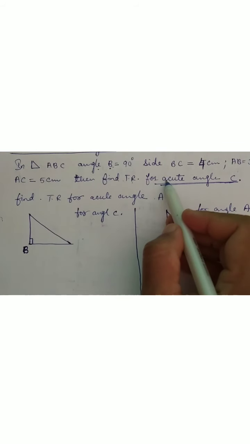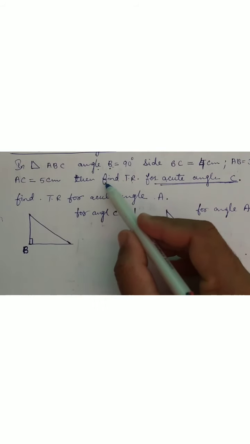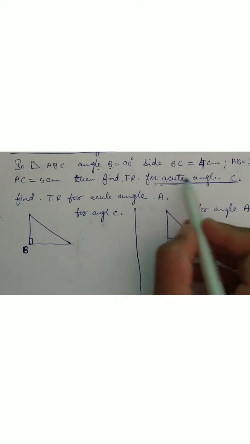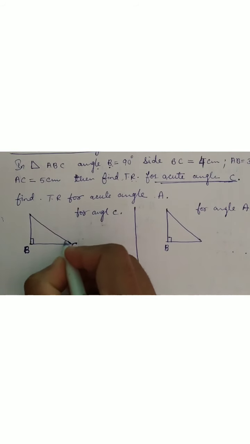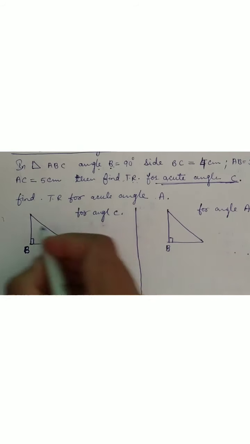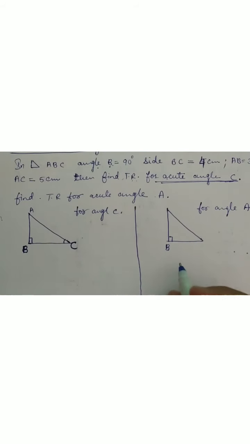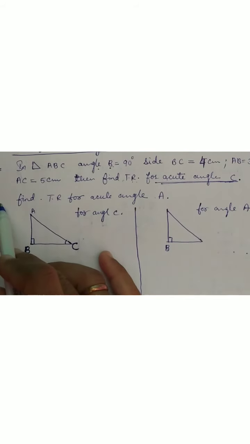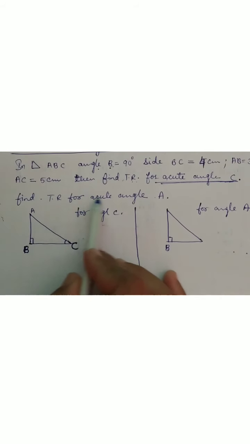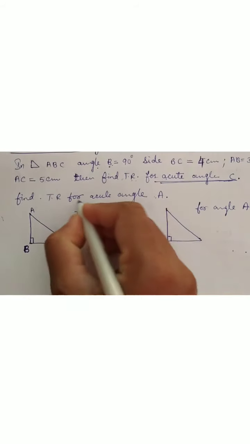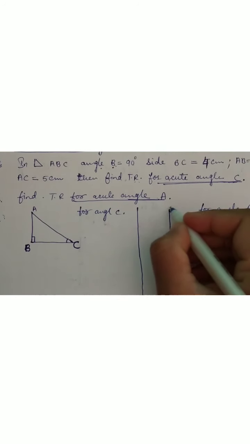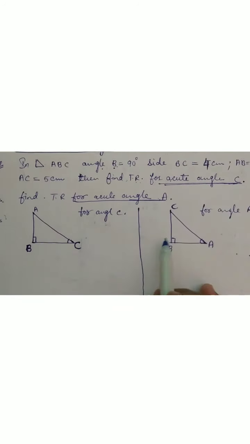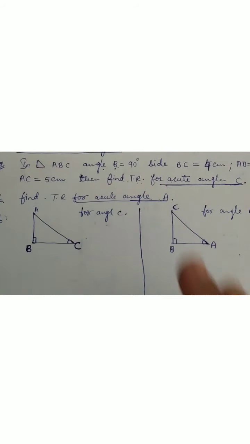But in this problem, we find the trigonometric ratio for acute angle C, so we must write here alphabet C. Now the rest is A. And in second problem, find trigonometric ratio for acute angle A. For acute angle A, so we must write here A, and the rest is C. That is the main difference of about two problems.